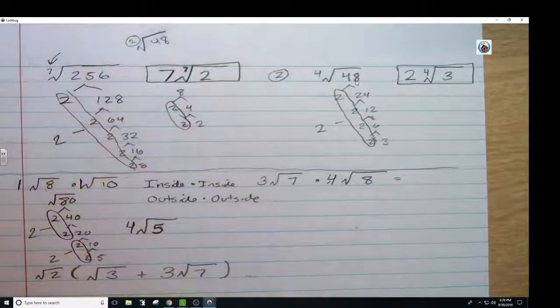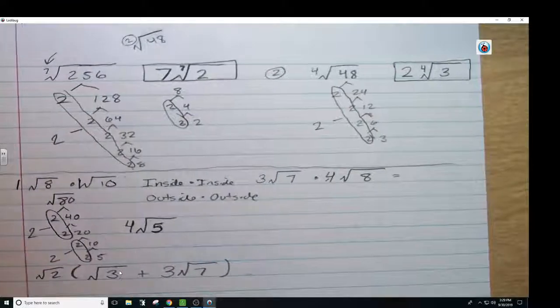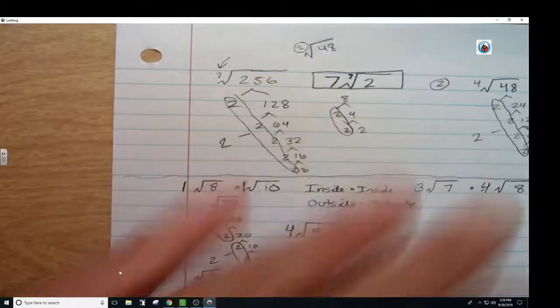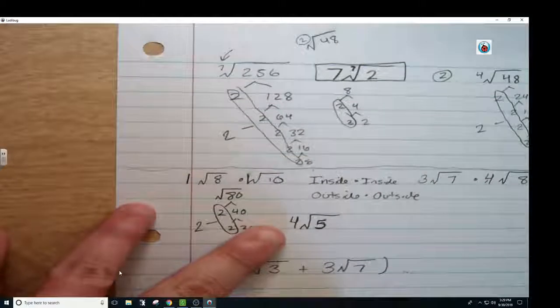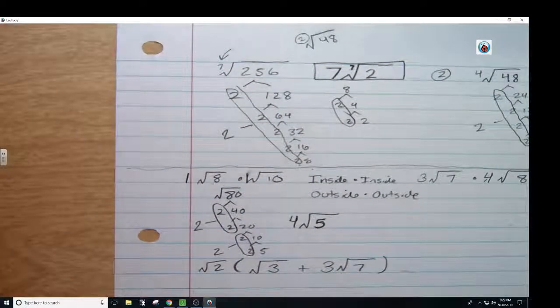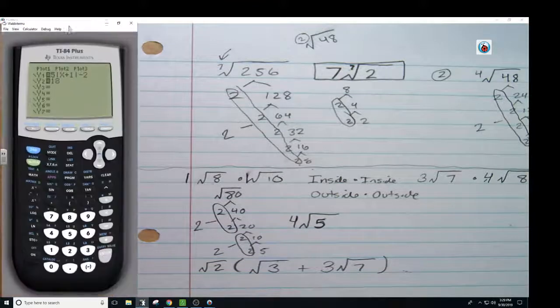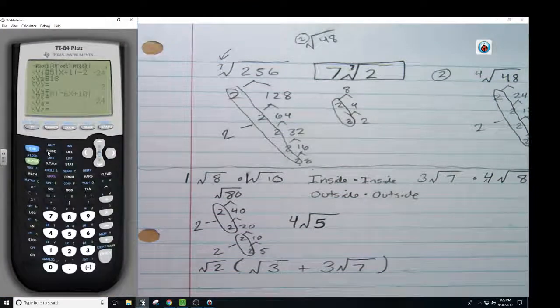Now you can check that if you want to. You can take your calculator and multiply that. So, square root of 8 times square root of 10 equals 8.944.